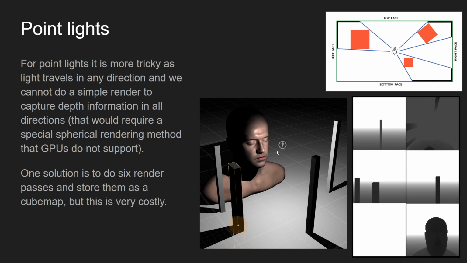So the best approach to render for a point light is to render the whole scene 6 times: 1 in front, 1 to the back, 1 to the right, 1 to the left, 1 to the top, and 1 to the bottom. 6 times the whole scene.